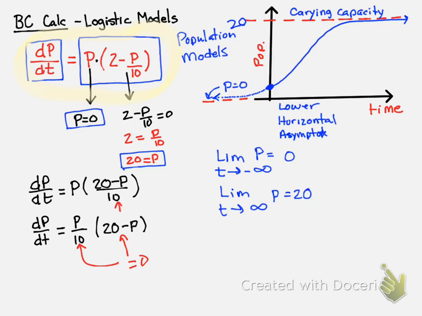The last key thing that you're likely to be asked is at what location or at what time, or more likely at what population, because time will be hard to know just from the differential equation, but you might be asked, at what population is the population growing the fastest?